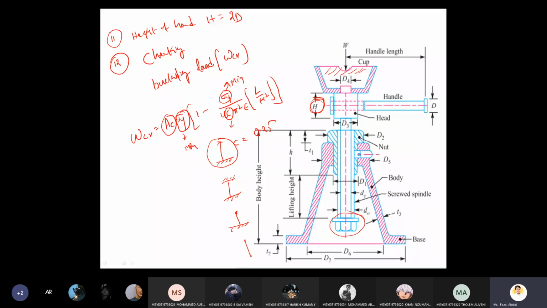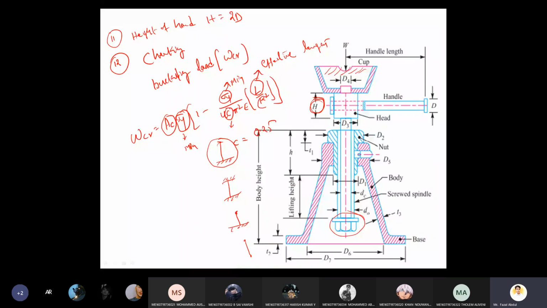Capital L is the effective length, right? And K is the radius of gyration.